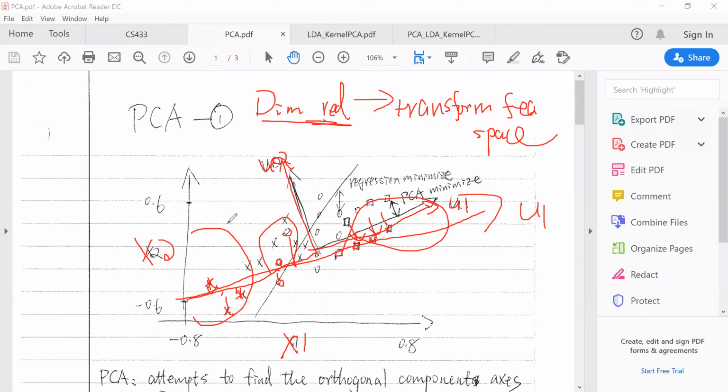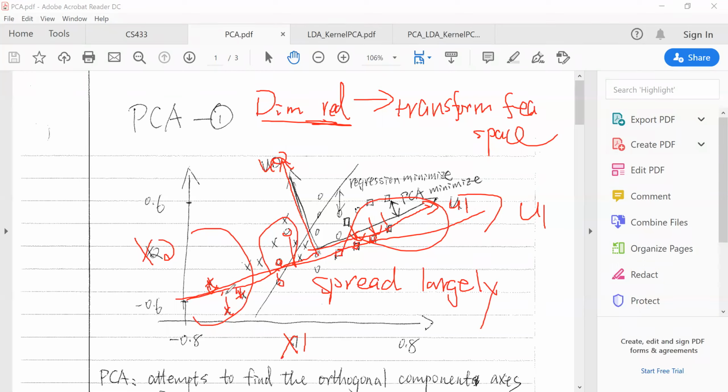this bunch of sample points versus this circle bunch of sample points versus the square ones, they spread quite largely. So what this means is they have higher variance along this axis.